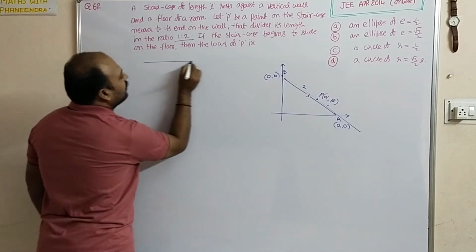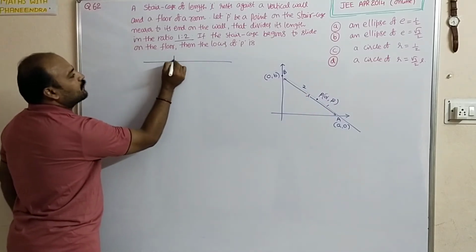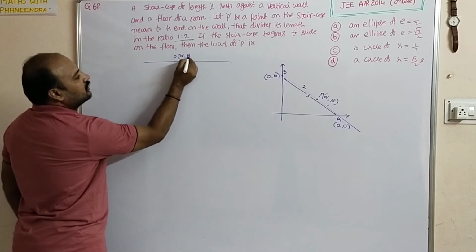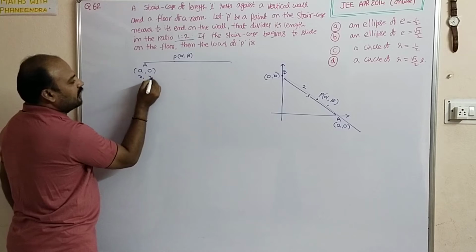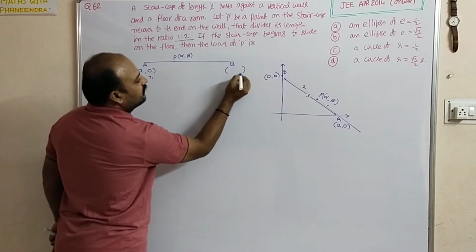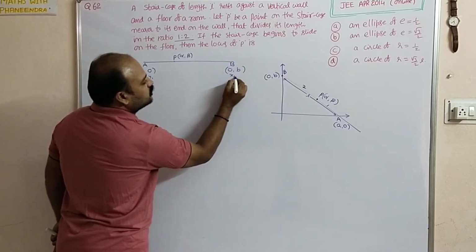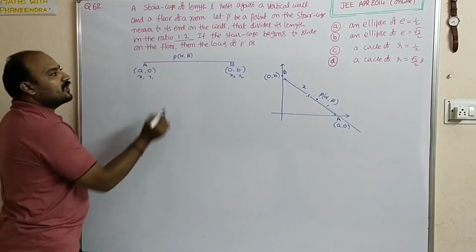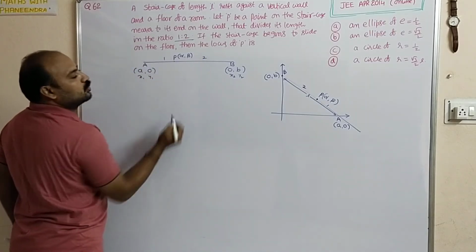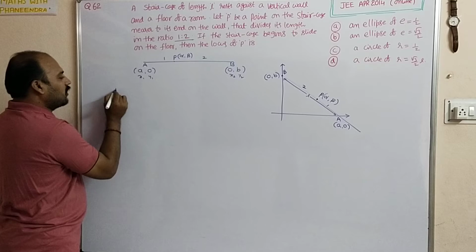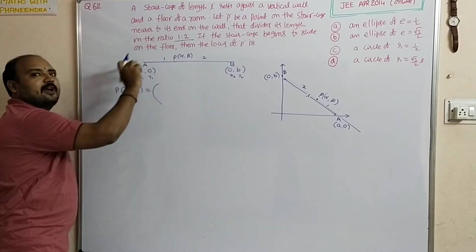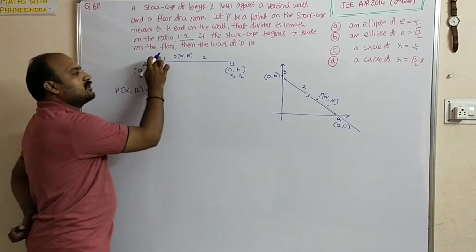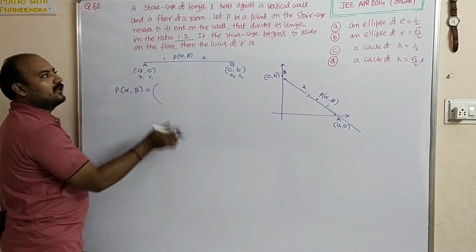So separately I am drawing this. Point P alpha comma beta divides A of a comma 0, x1 y1, and B of 0 comma b, x2 y2, in the ratio 1:2. So P of alpha comma beta equals mx2 plus nx1 by m plus n.